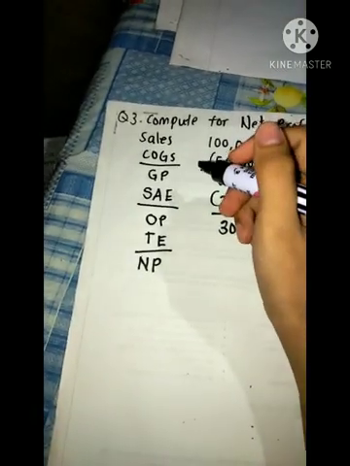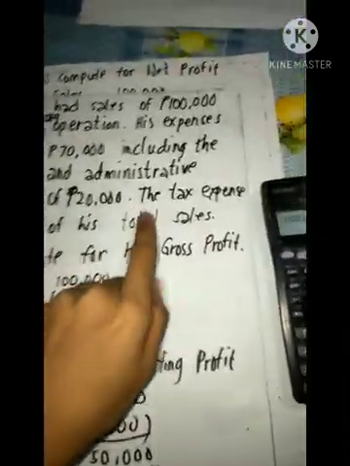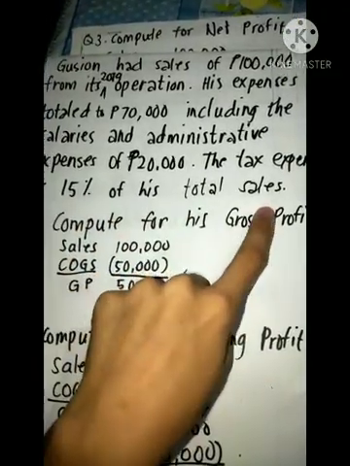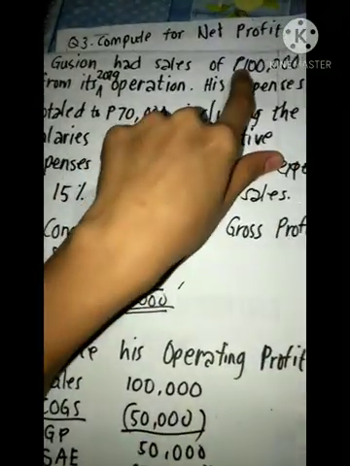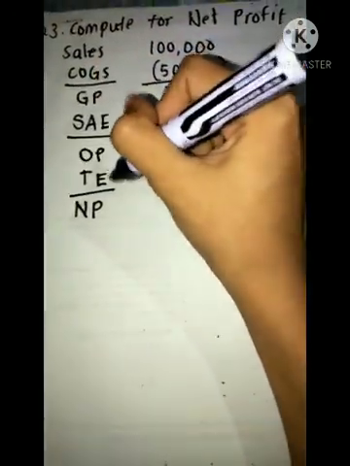So, ano daw ba yung tax expense? Balikan natin yung question, okay? The tax expense is 15% of his total sales. What is his total sales? 100,000. So, the tax expense is 15% daw.